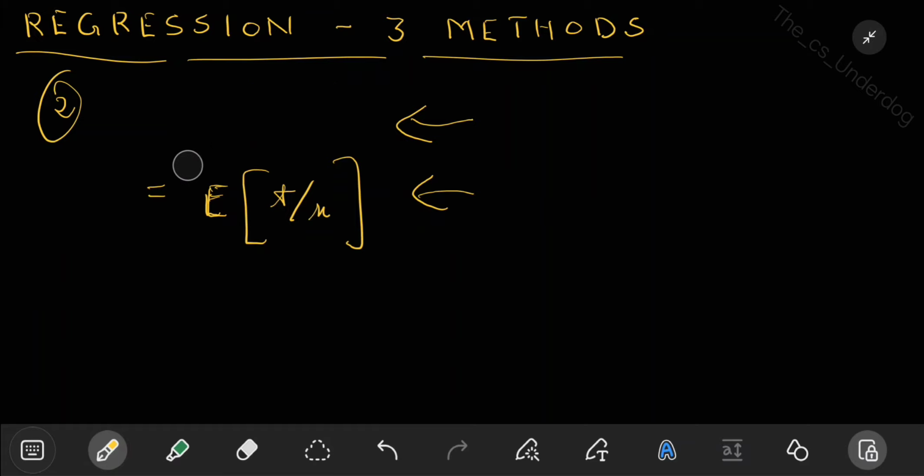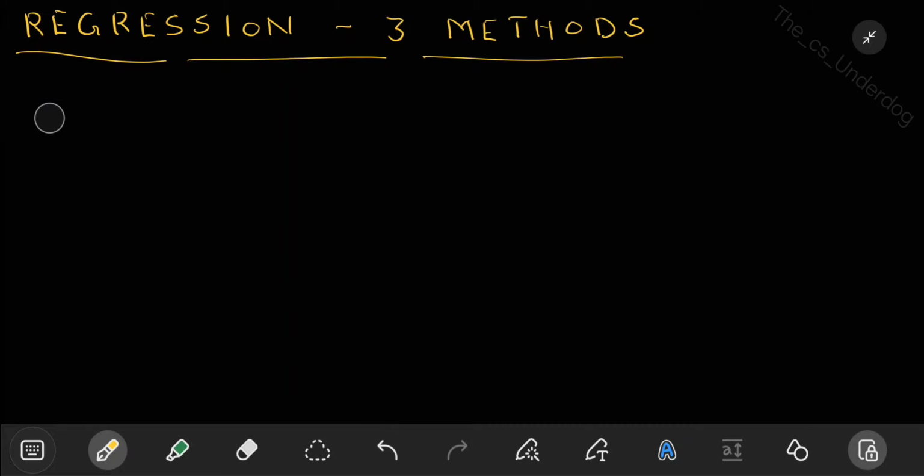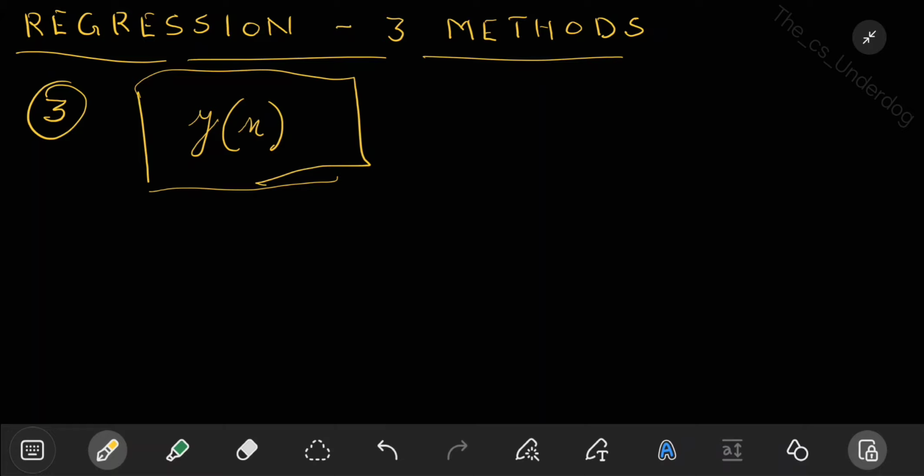And the third approach is the same as we did in the classification problem. The third approach is directly finding a regression function. Though there we found a classification function, simply in the same manner here we find a regression function. So from training data, you would train the model to find y of x, which will directly give you the final output, that is the regression function.